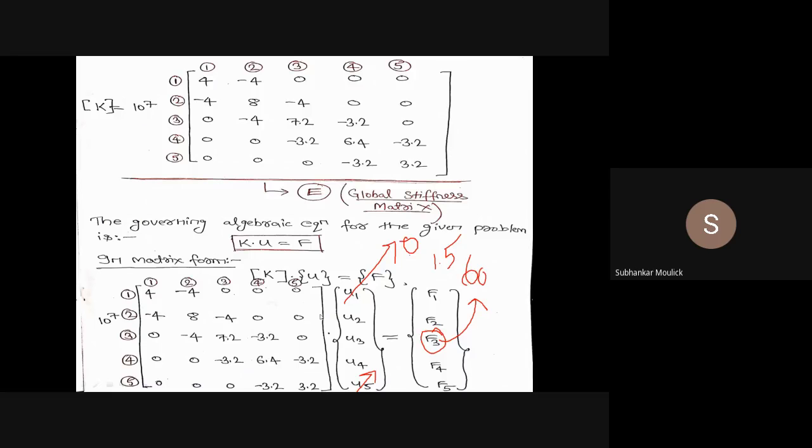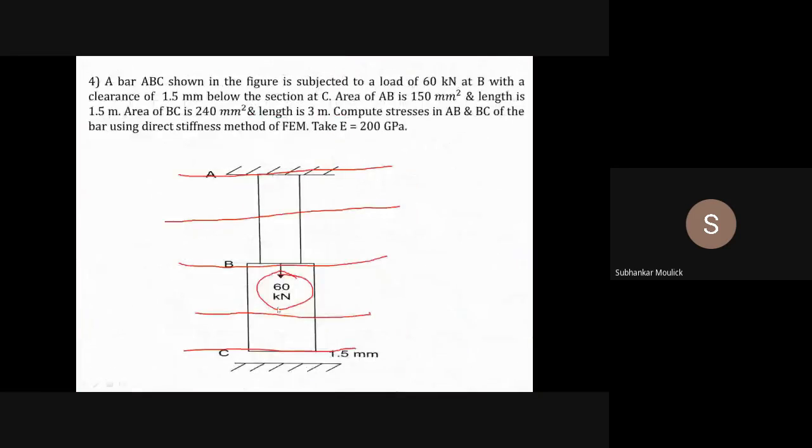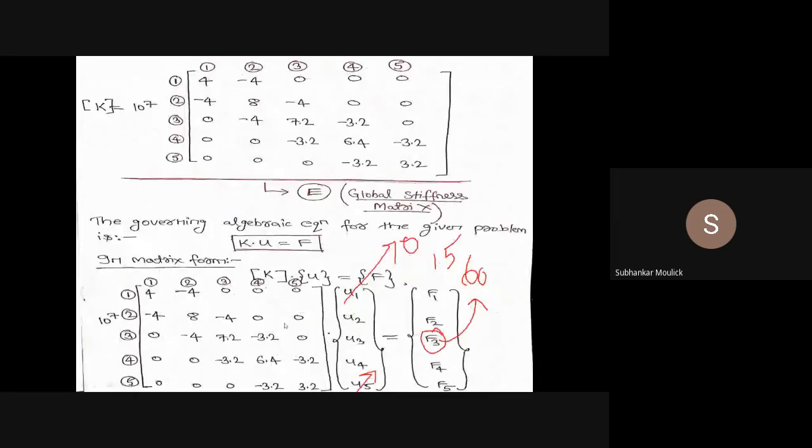Only F3, since it is given in the problem externally, which is 60 kilonewton, that is 60 into 10 to the power 3 Newton. I have taken 10 to the power 3 out of this matrix.